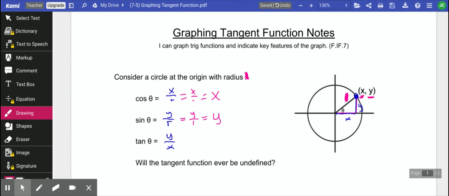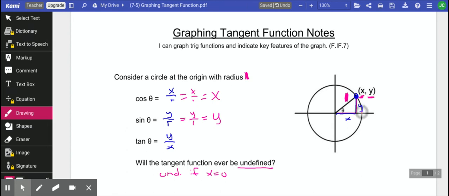Now, we're talking about tangent today, so we want to think about, will the tangent function ever be undefined? Well, sure it will. The tangent function is going to be undefined if you divide by 0. So it'll be undefined if x is 0. Well, where does x equal 0?